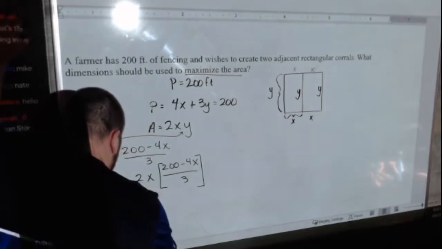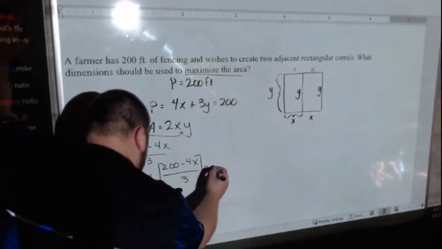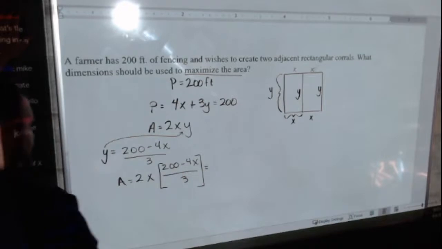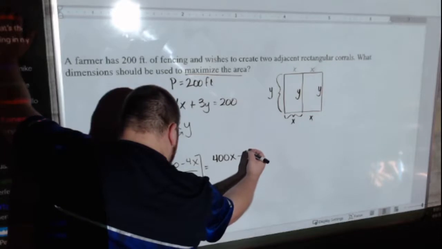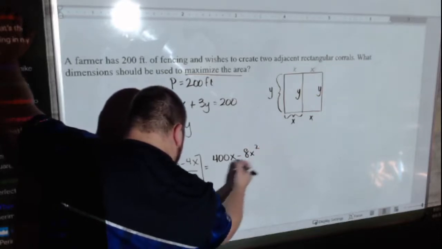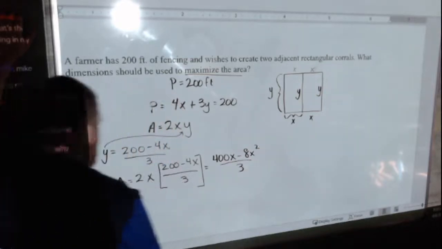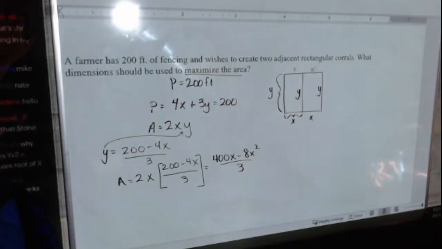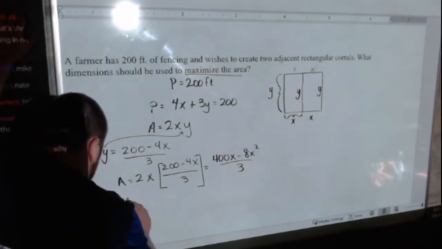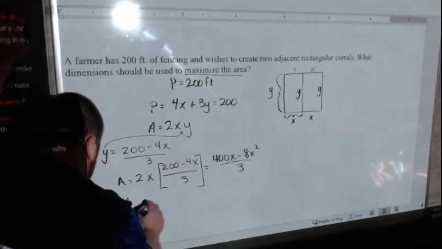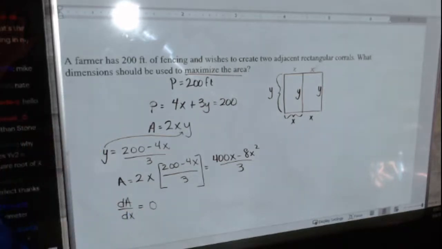Let's multiply that in. That would be 400x minus 8x squared, all over 3. And I want to take the derivative of that, dA/dx, and I need to set it to 0.